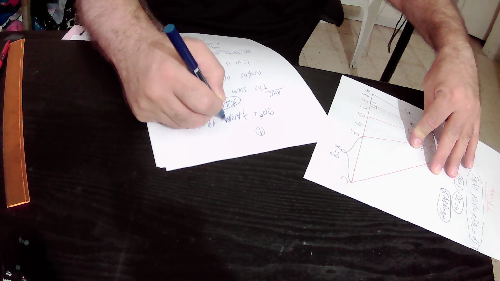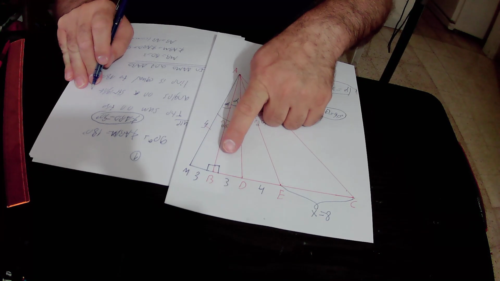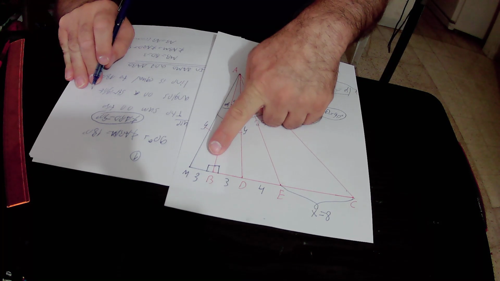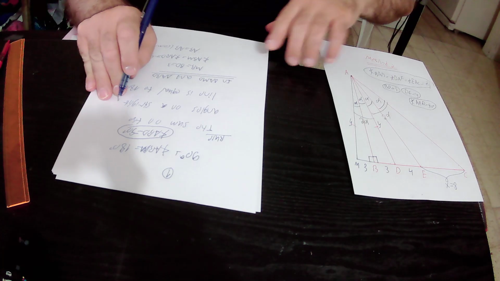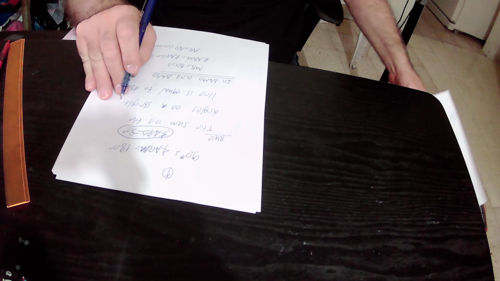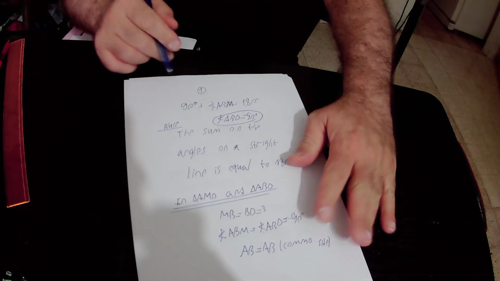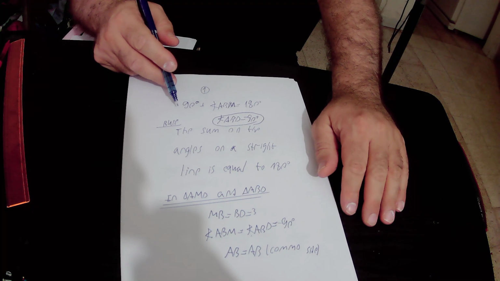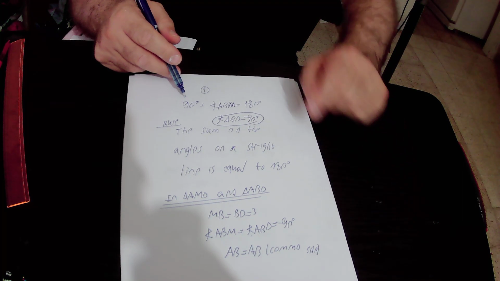This angle equals 90 degrees, plus the size of this angle, angle ABM, must equal 180 degrees, according to the rule that the sum of the angles on a straight line equals 180 degrees.